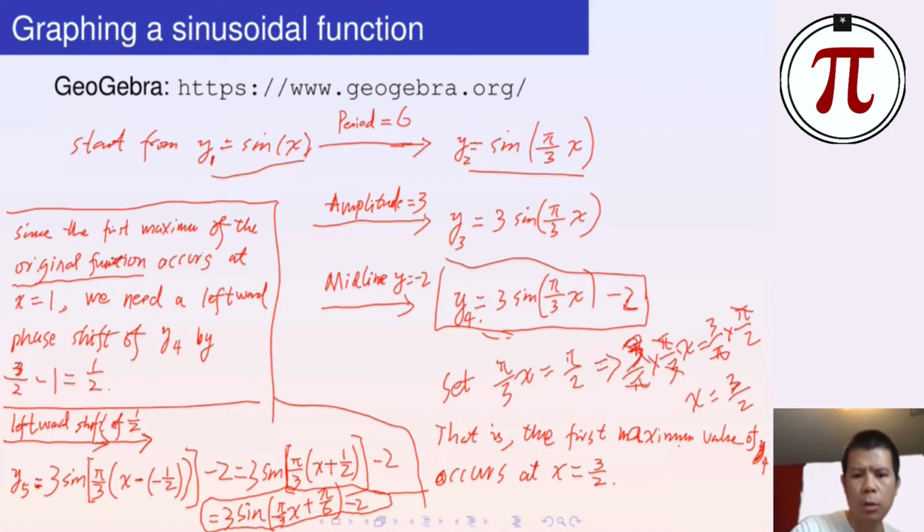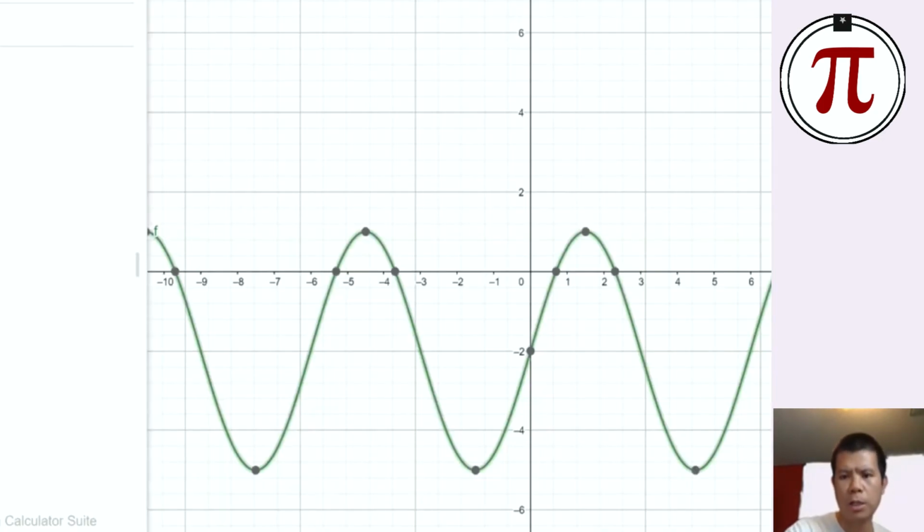Now, when we are doing so, we can use GeoGebra to help us firstly get a visual idea of how it looks like. So f(x) equals this one, and by checking this one, we need to determine the amount of shift it has.